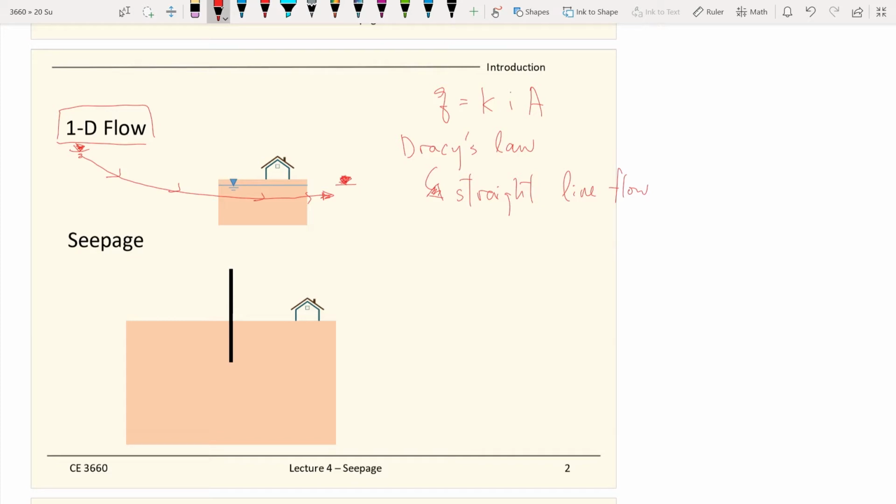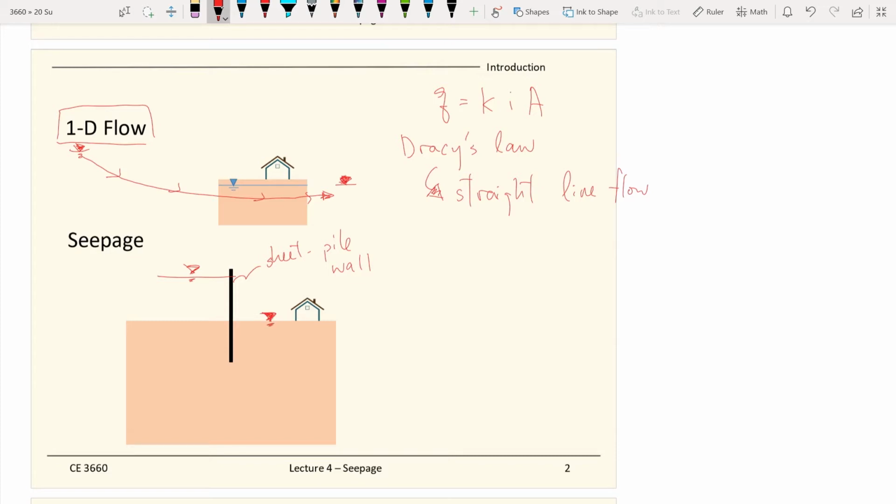But for the case where we have a geotech structure, for example a sheet pile here, or a dam or levees, now we are talking about a project site where we alter the water flow. For example, you have a sheet pile wall, with your upstream side, and you try to protect the properties or the village downstream.